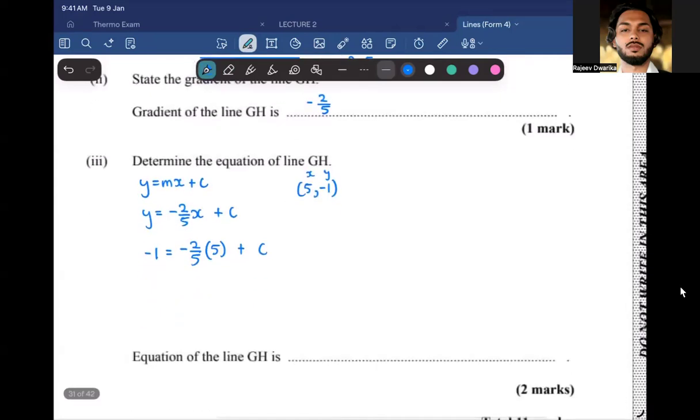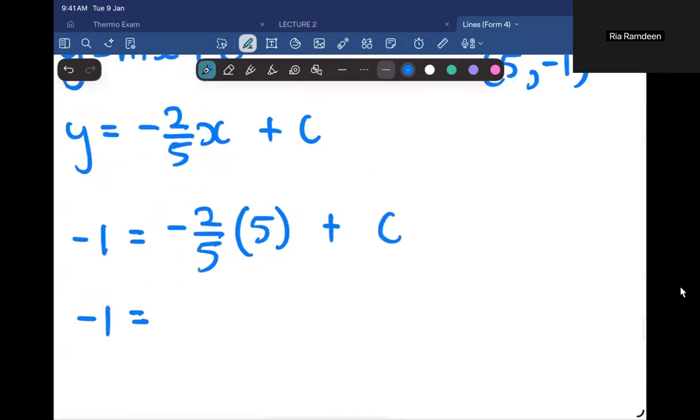Let's simplify first. What's negative 2 over 5 times 5? Minus 10/5. You're perfectly correct, but I want you to see a little trick you could use here.